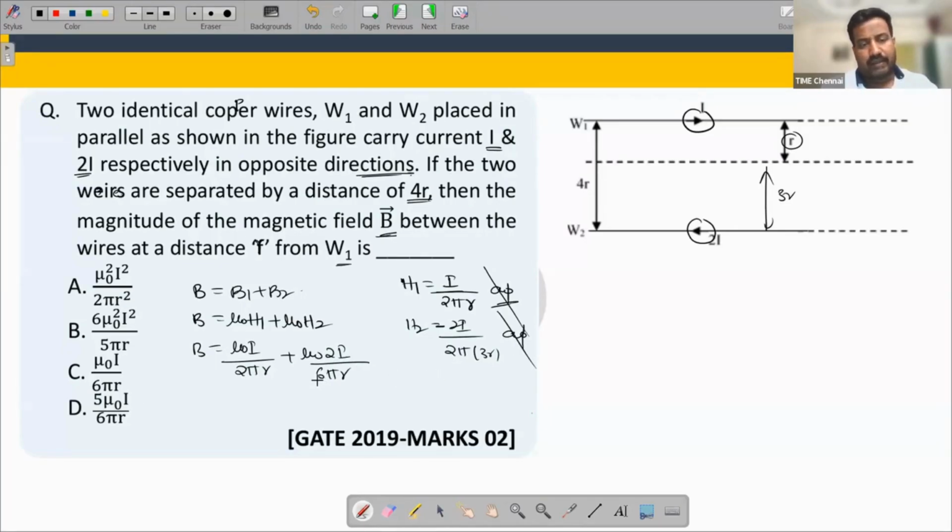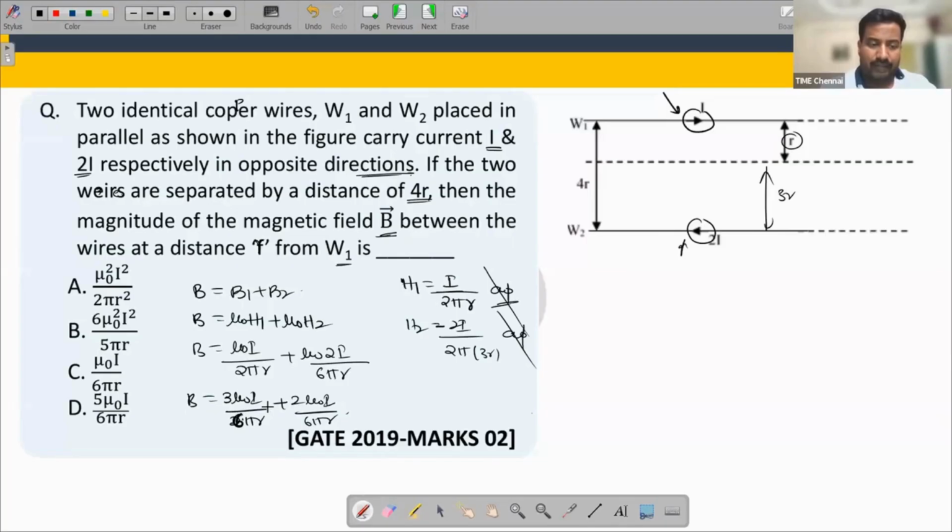Now once I multiply to make the denominator equal, B is 3 mu naught I by 6 pi r plus 2 mu naught I by 6 pi r. You must be very careful because current is in the opposite direction, force is repulsive, fields will add.